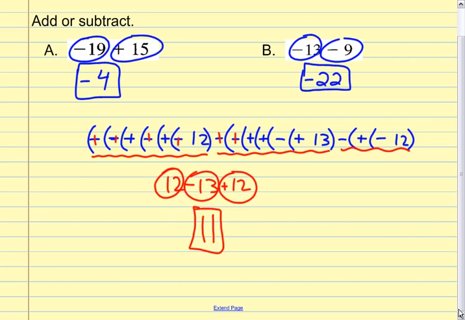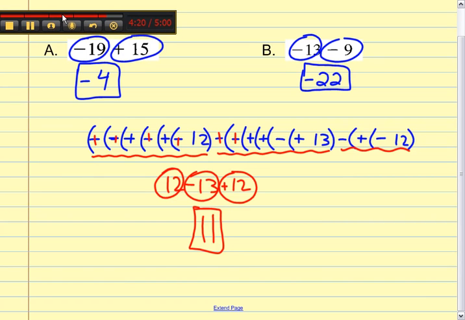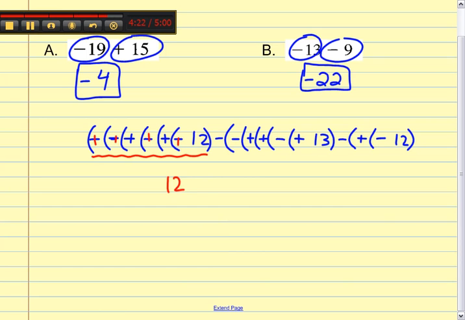Okay? But just to refresh, because Elise was absent yesterday, Elise, here's what I do. I count the negatives. Okay? Let me back up just a bit. Elise, when I look at this number, I count the number of negatives in front of it. 1, 2, 3, 4. And that's an even number.